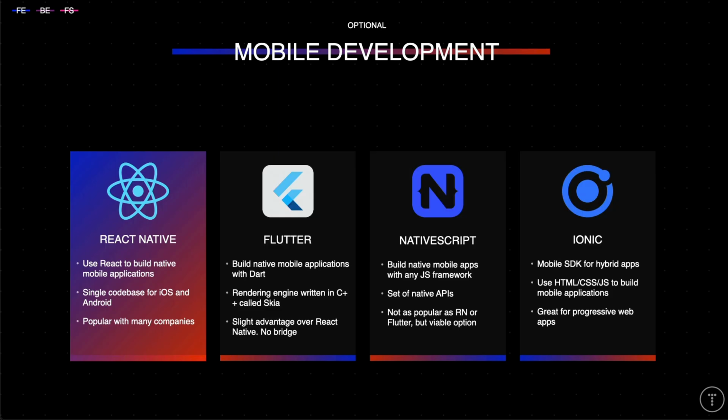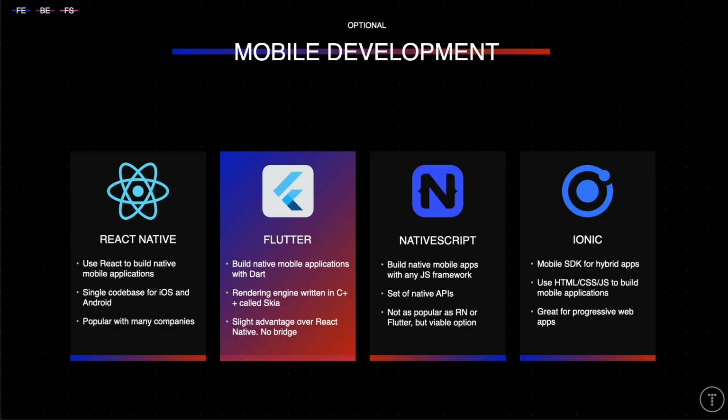Next, we have Flutter, which is another popular option, and it's a framework that allows you to build native mobile apps with Dart. Dart we haven't talked about yet. It's a programming language that's similar to JavaScript, so if you already know JavaScript, Dart is pretty easy to pick up.